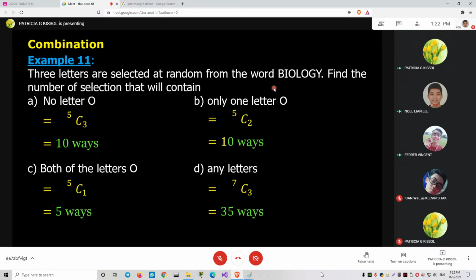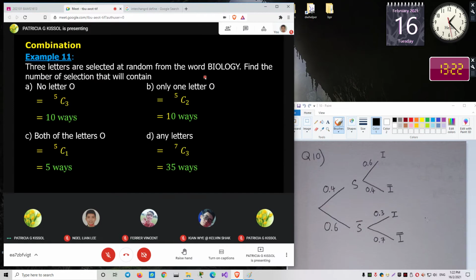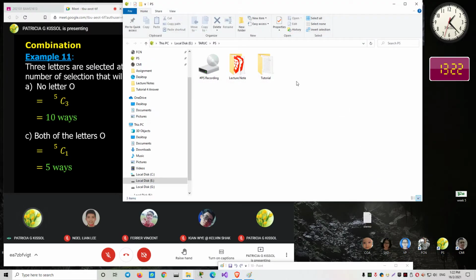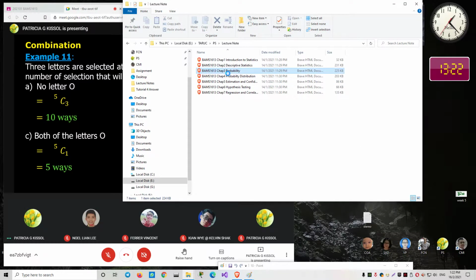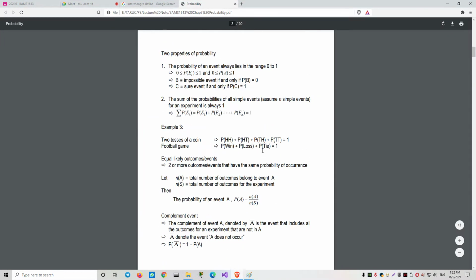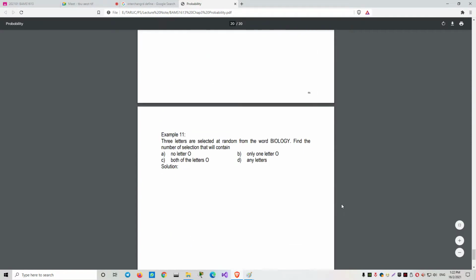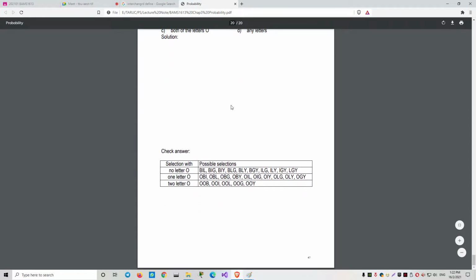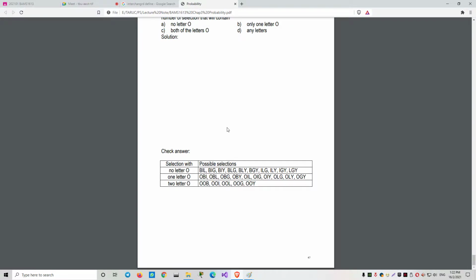Okay, no question. Right. In your notes, this is the last question in your notes. Is that correct? I mean, in the notes that were shared to you, this is the last example given, is it? Do you have this question? Oh yeah, same. Oh, you have this question also, but no answer. Is it available in your notes?